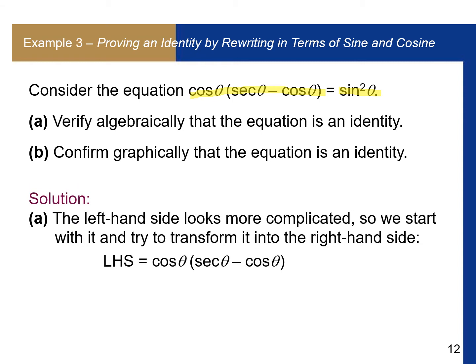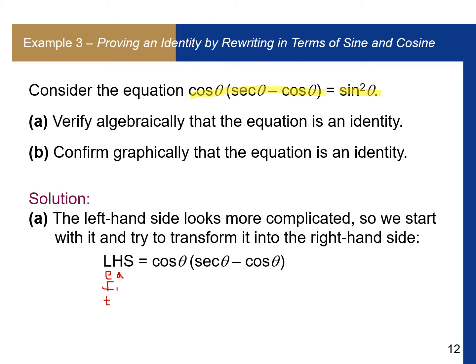So we want to see if we can transform this side, which we call the LHS, which simply stands for left-hand side. Kind of unnecessary, really, I think. So we want to say, is the left-hand side going to be equal to the right-hand side?